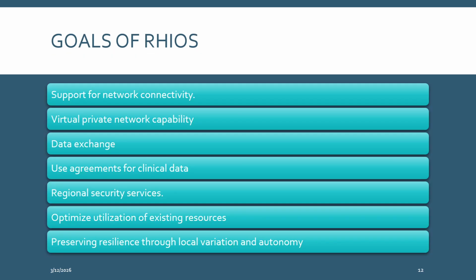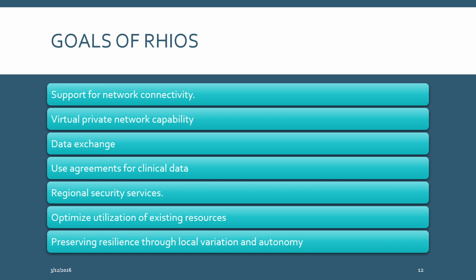The goals for those RHIOs were to provide support for network connectivity, create virtual private network capabilities, provide data exchange, use agreements for clinical data, create regional security services, optimize utilization of the existing resources in place, and preserve resilience through local variation and autonomy.